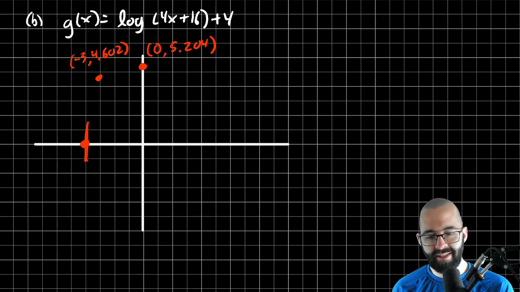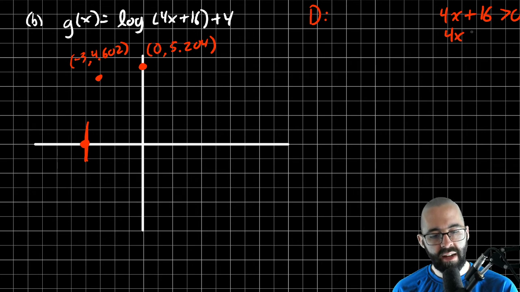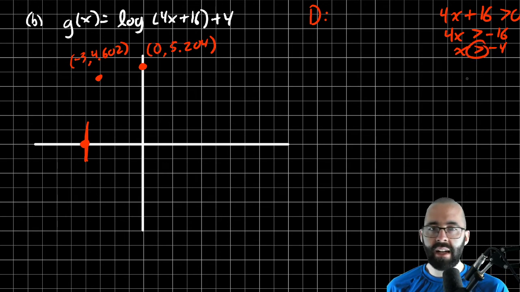Okay. So the domain of a logarithmic function is when the inside is positive. The inside of the logarithm is 4x plus 16. Let's solve this for x. That's when 4x is bigger than -16, or x is bigger than -4. And remember, in this case, even though there's a negative, we don't have to switch the direction of the inequality.